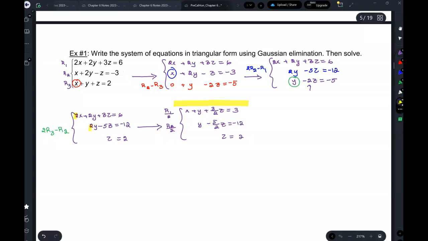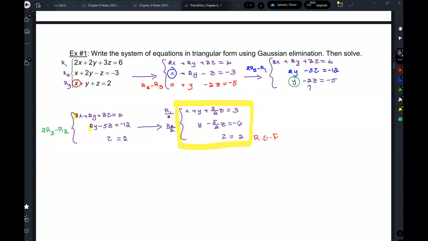So this now is in row echelon form. Okay. This is row echelon form. Now, can we use this to solve the equation?